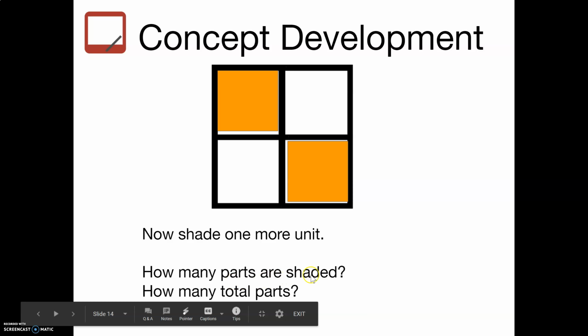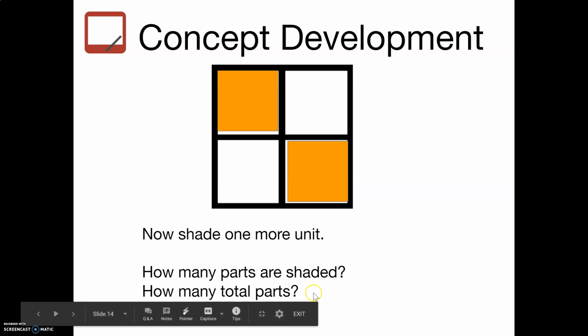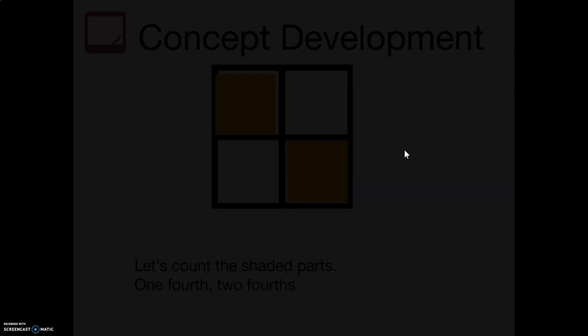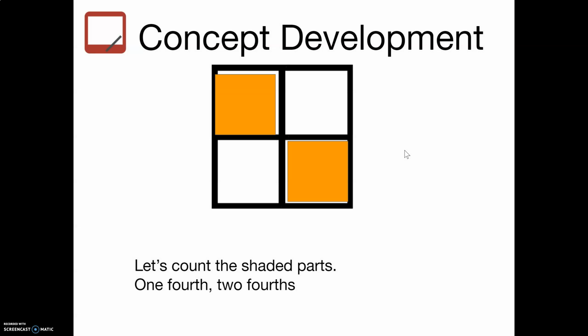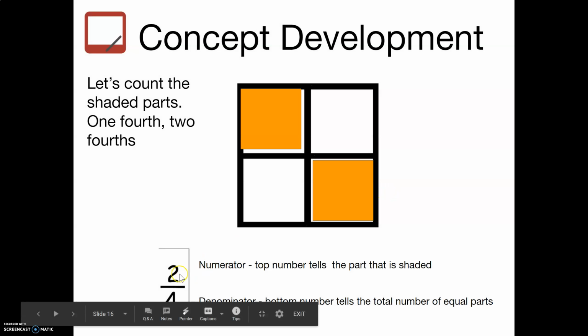Now, how many parts are shaded? There's 1, 2 parts shaded. And how many total parts do we have? We have 1, 2, 3, 4. 4 total parts. Let's count the shaded parts again. 1/4, 2/4. 2/4 would be our fraction.